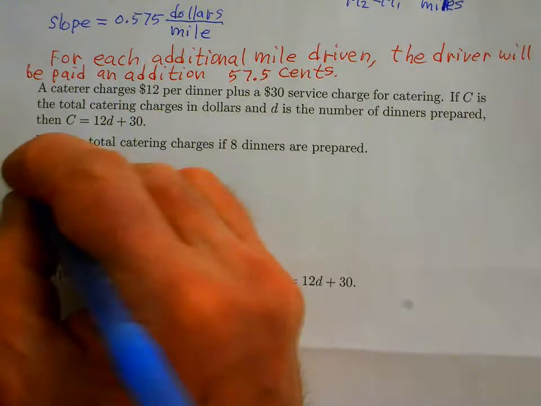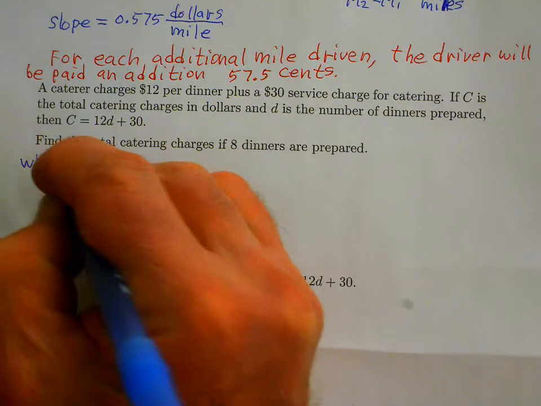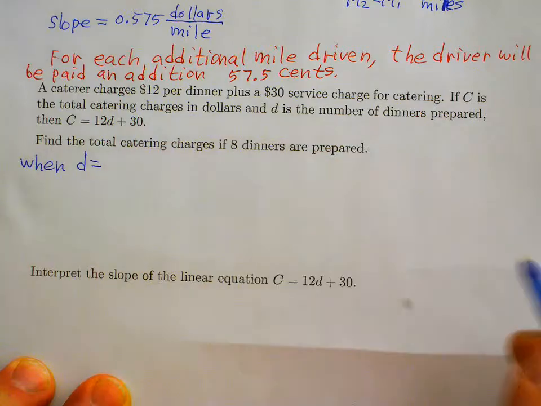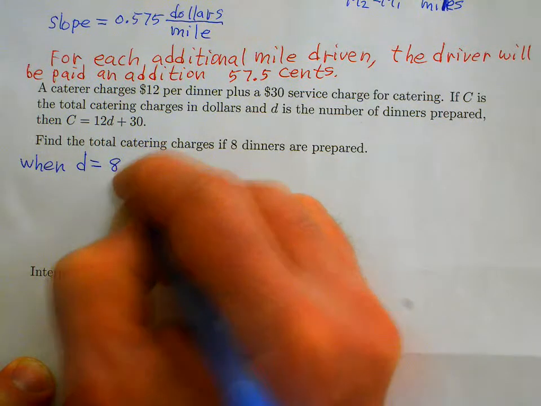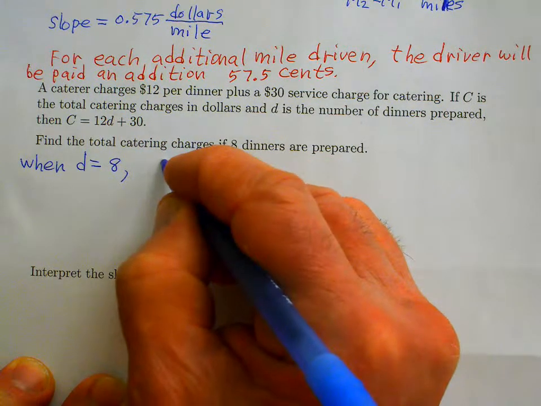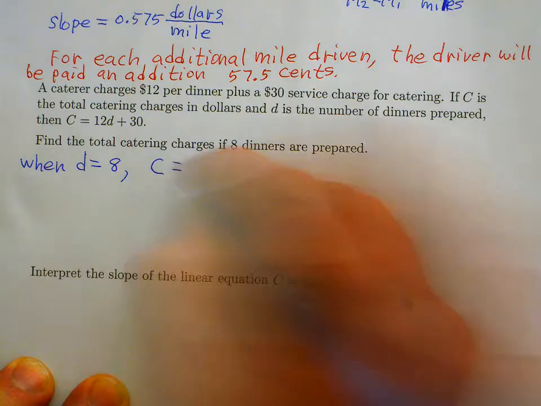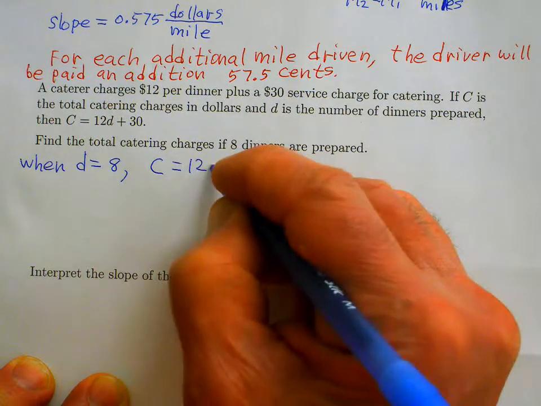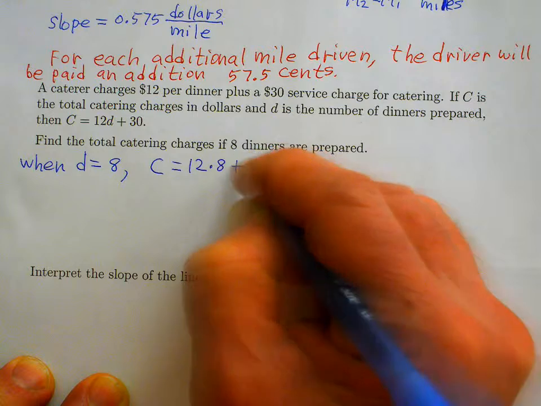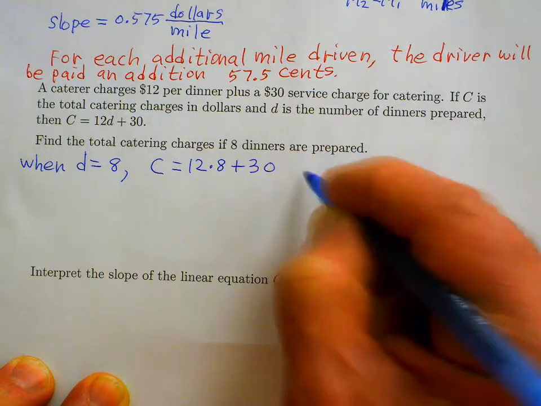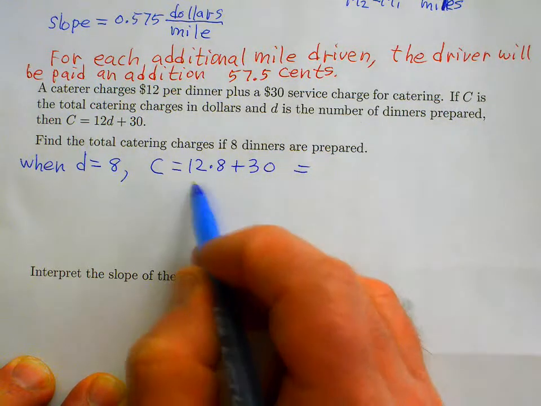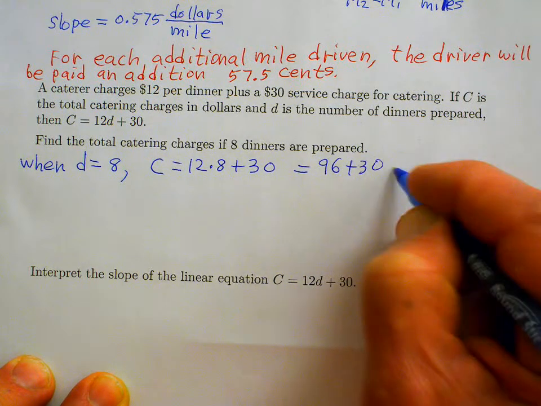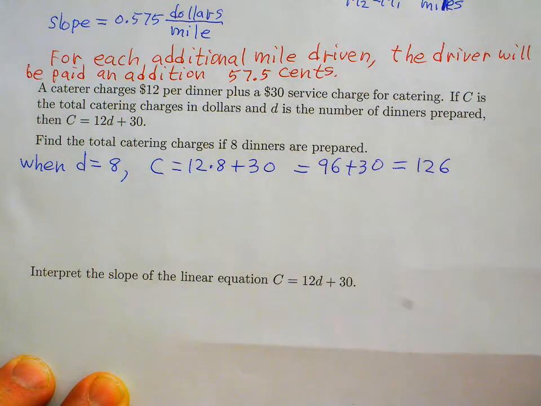So we just say when the number of dinners is 8, the total catering charges will be 12 times 8 plus 30. 12 times 8 is 96, so 96 plus 30 equals 126.